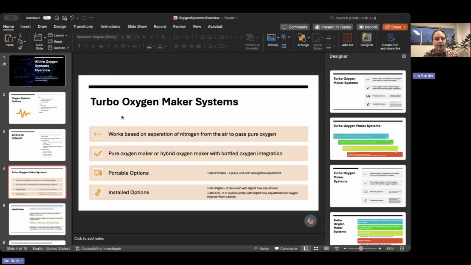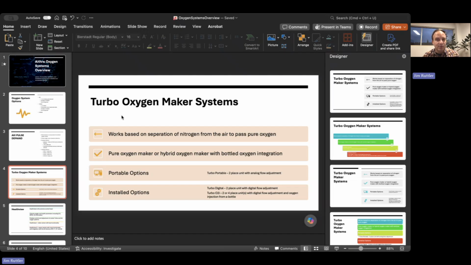The turbo O2i, again, is the hybrid. It uses both the oxygen maker and then it has an oxygen bottle. And I'll show you that example here I've got on my desk. Turbo O2i comes in either a 2 or a 4-place. It's the only way you can get a 4-place turbo is to go through the turbo O2i pathway. And there are two different units.